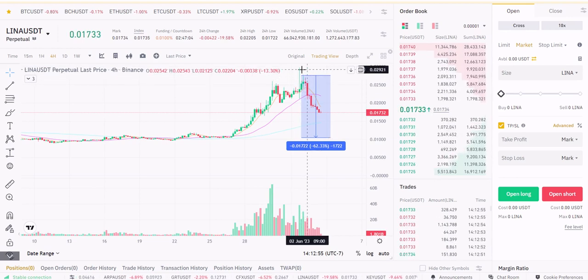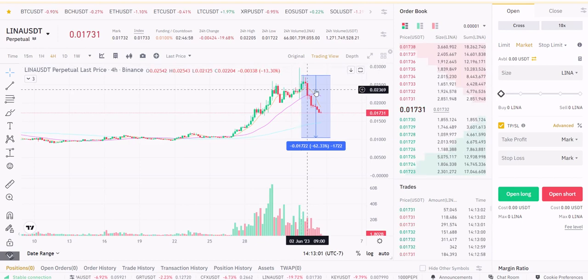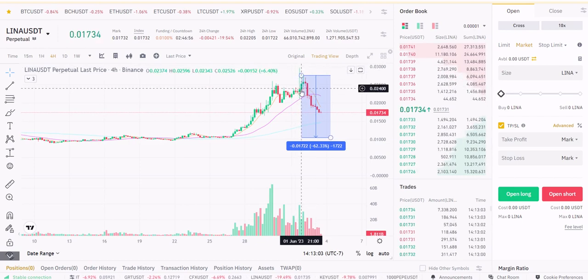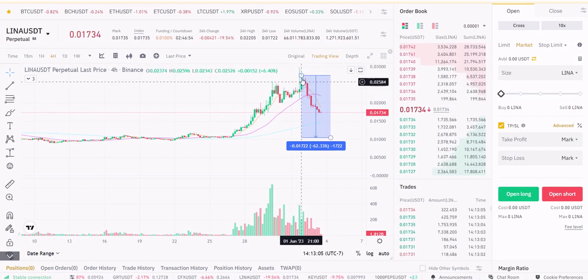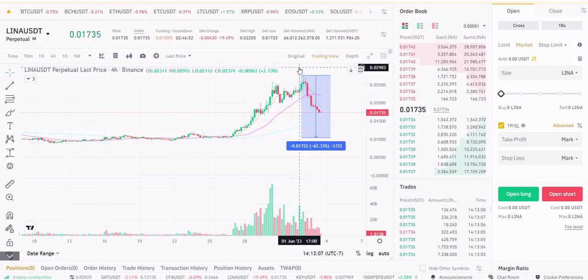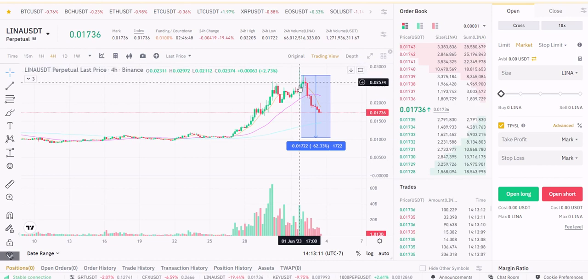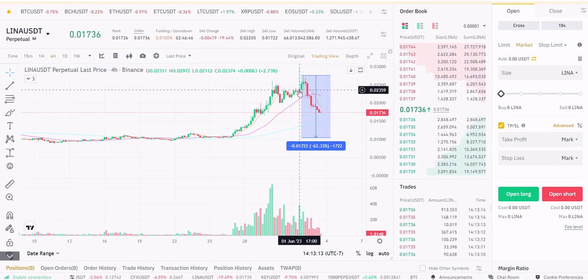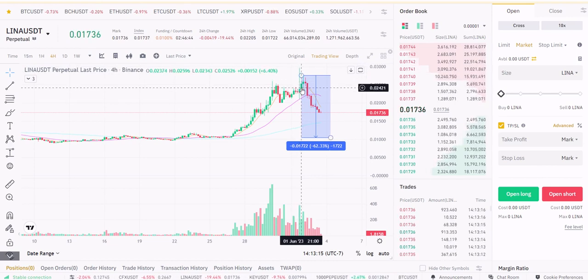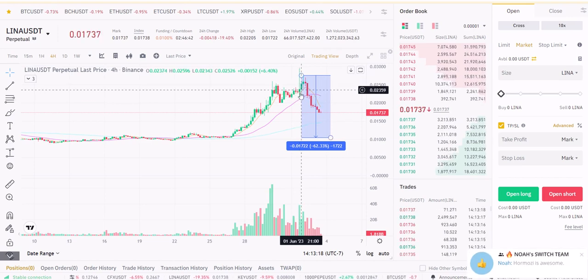That would have been awesome. People that got in here must have felt pretty good about it. In fact, on these spikes, which are pretty crazy, you could have literally gotten in here and shorted down to here and then got out, because the price obviously went back up.